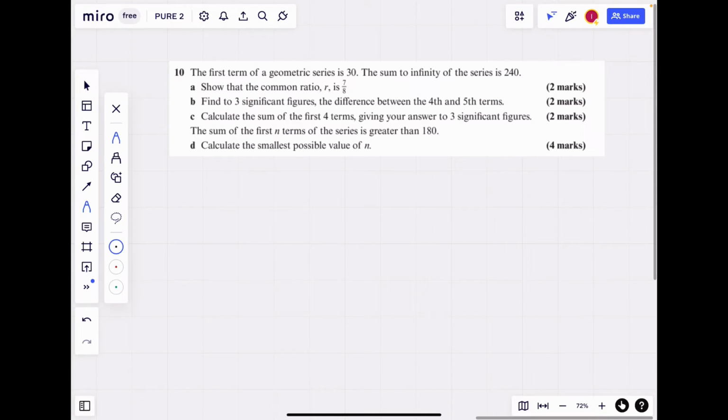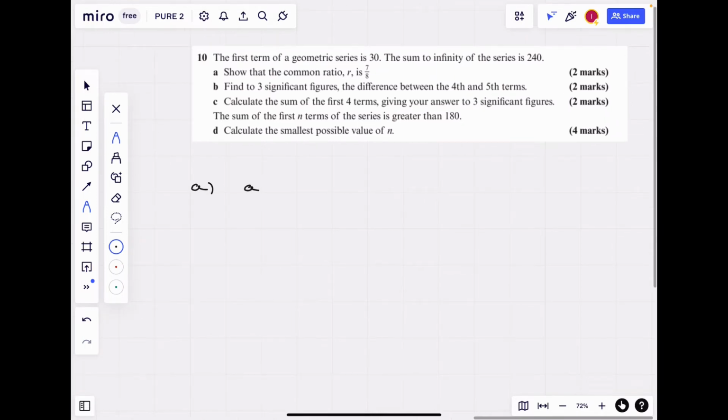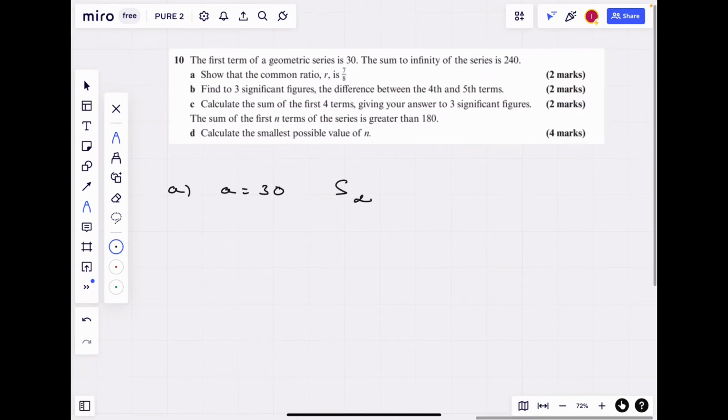Okay, for part A, we're going to label what we know. The first term is 30. The sum to infinity is 240. We want to show the common ratio is 7/8. Sum to infinity, the general equation is a over 1 minus r.